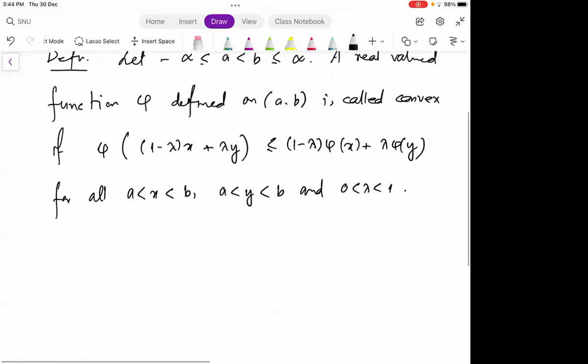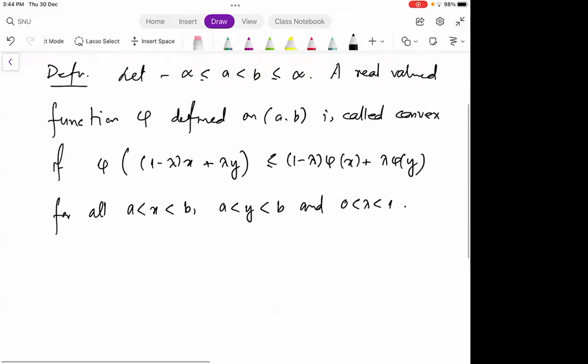The value of phi at a point in between is less than or equal to the convex combination of the values phi x and phi y. So when you take (1 minus lambda) phi x plus lambda phi y, you get a straight line joining the points (x, phi x) and (y, phi y).